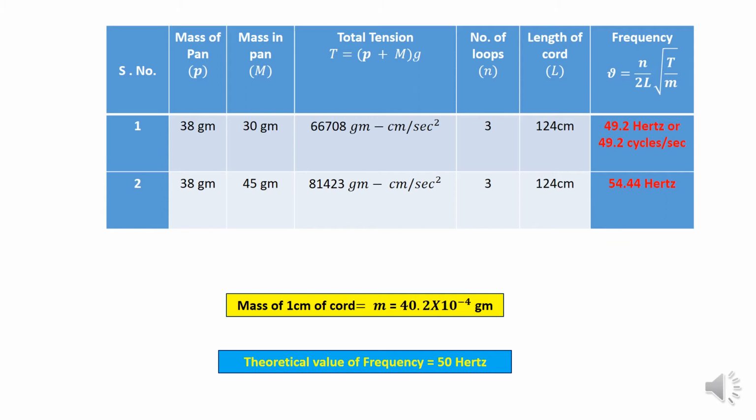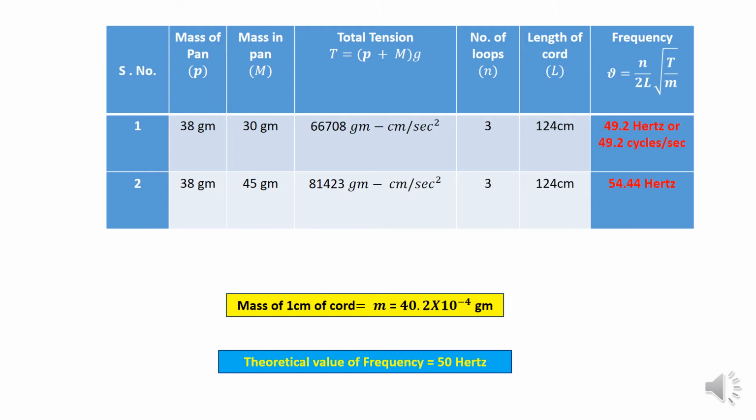If you add these two, that will be the total tension. Adding the two masses, this is like 38 plus 30, that will be 68 approximately. 68 multiplied by g, 981 you can take, because this is the CGS system. Accordingly, the total tension T can be calculated.